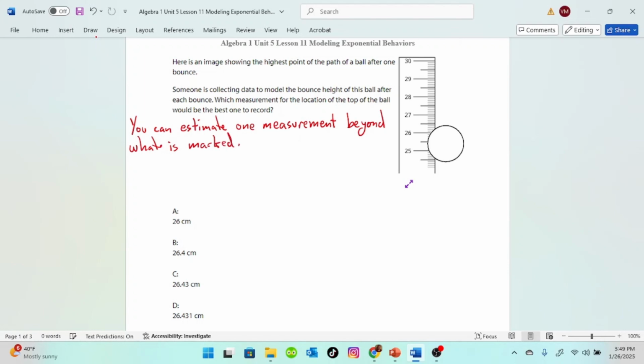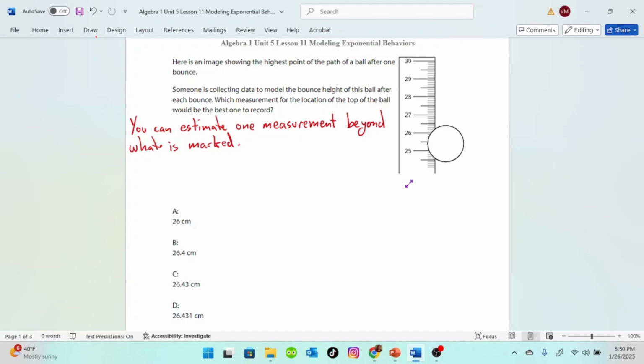And what I mean by that is the smallest marking, you know for sure what your measurement is related to the marking that is actually there. And then you can estimate a little bit beyond that, so in between the two markings.